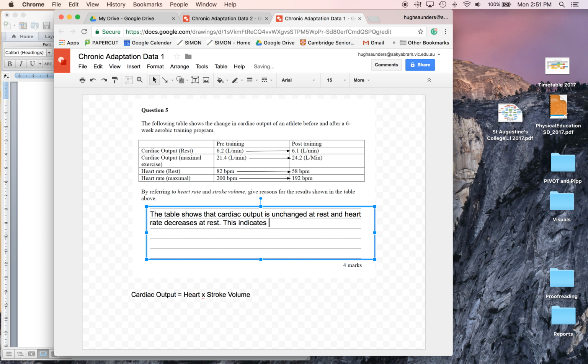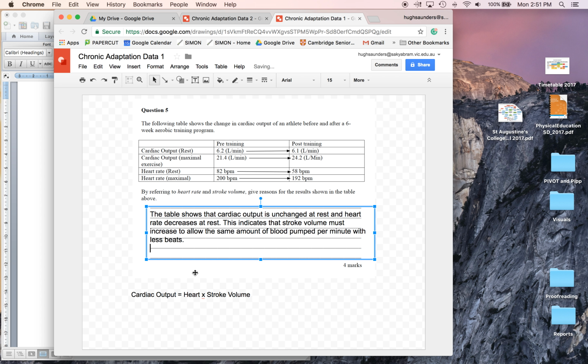This indicates that stroke volume must increase to allow the same amount of blood pumped per minute, which is our cardiac output, with fewer beats. So I've provided an explanation of the reasons for the results at rest: cardiac output doesn't change but heart rate goes down, therefore stroke volume must go up.